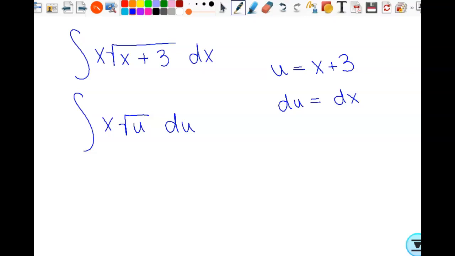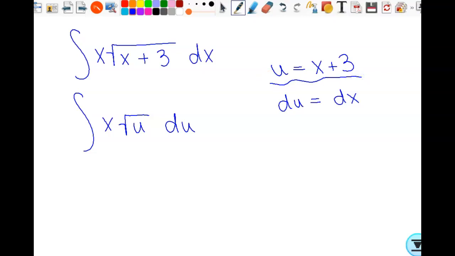The problem is the x. The goal was to get everything in terms of u. We have the correct u. x equals u minus 3.